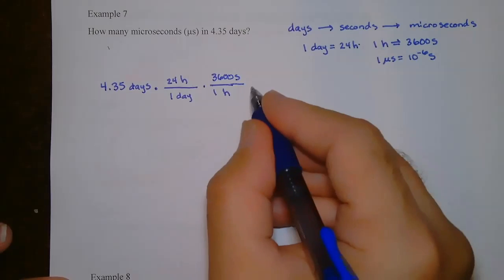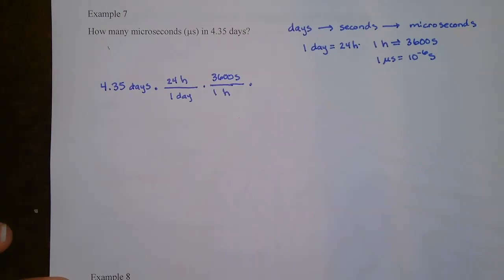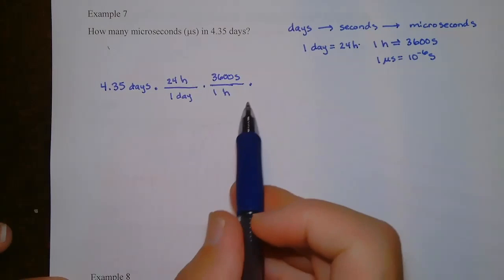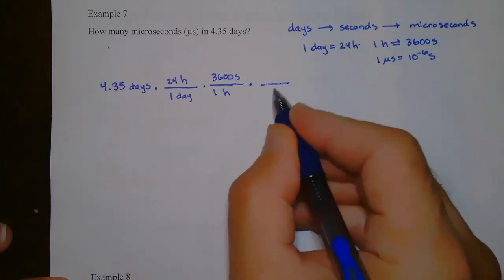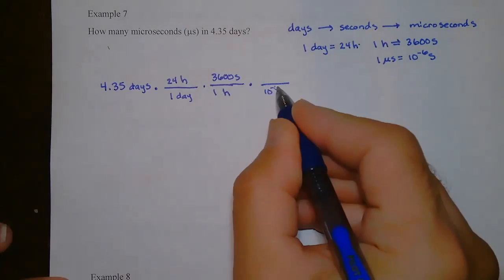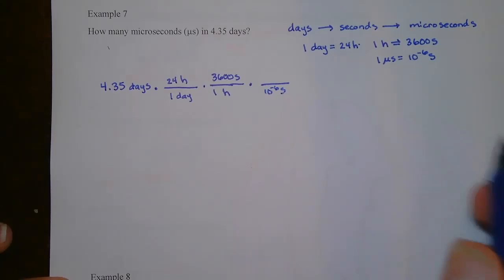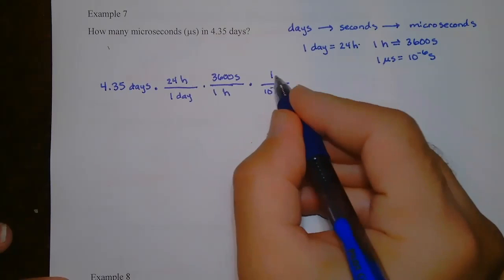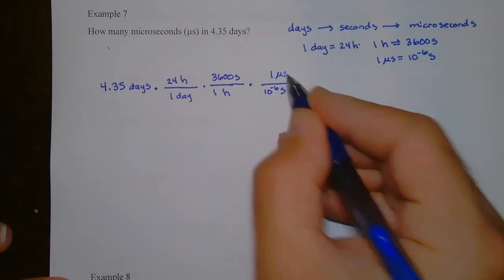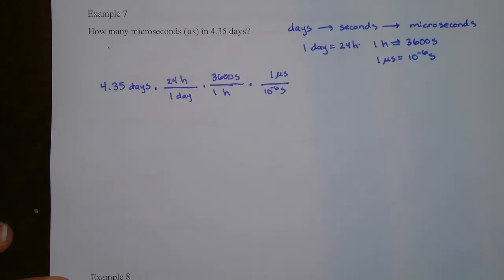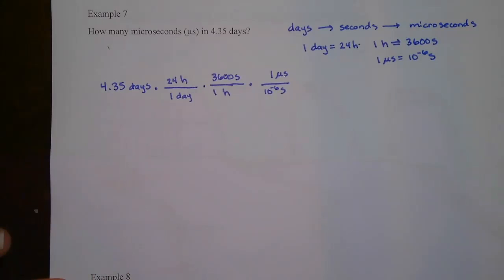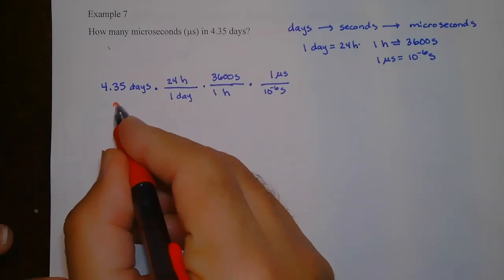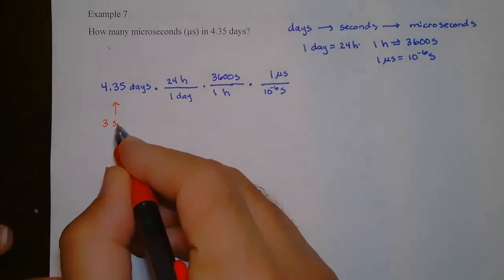And then times, we're going to do seconds on the bottom, so that'd be 10 to the -6 seconds on the bottom, and 1 microsecond on top, mu s. Okay, so this has 3 significant figures.